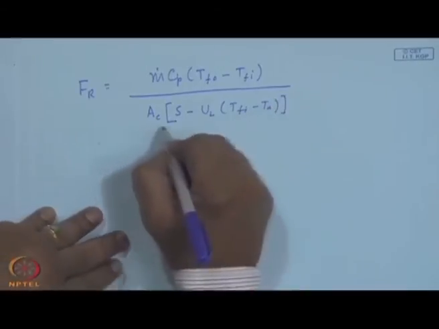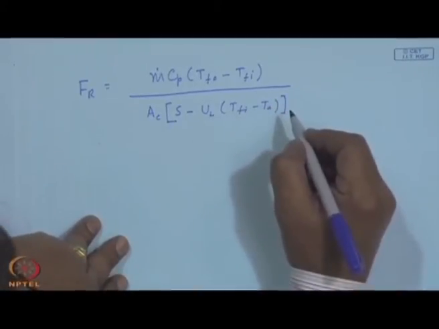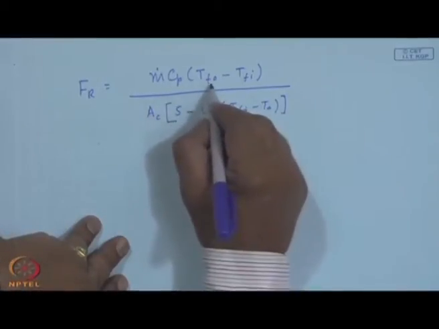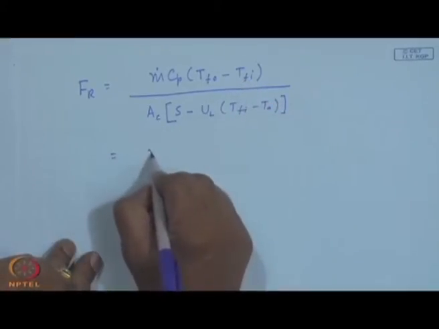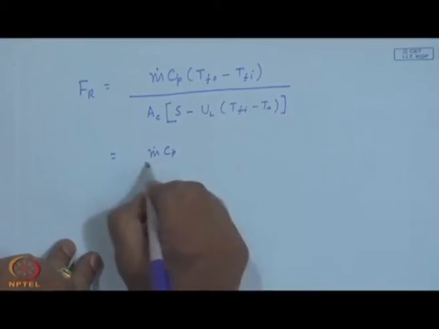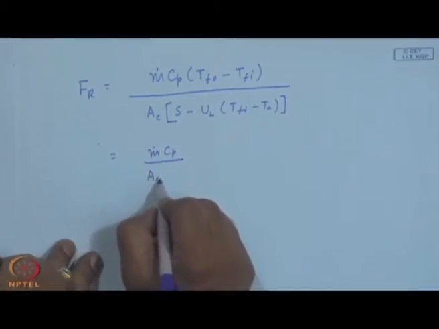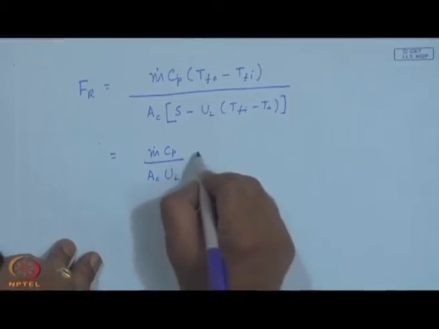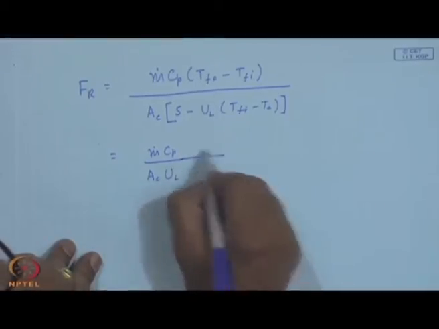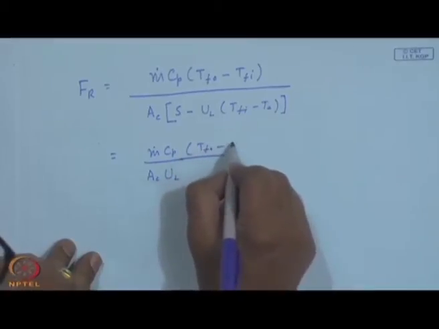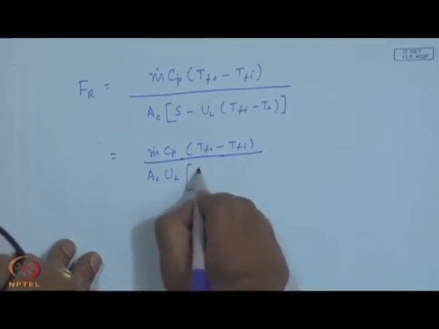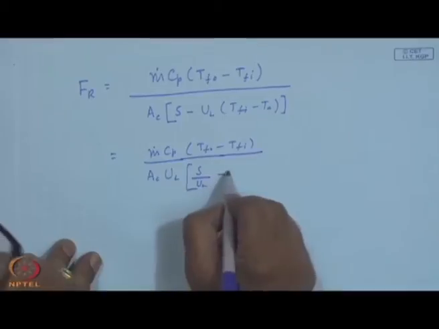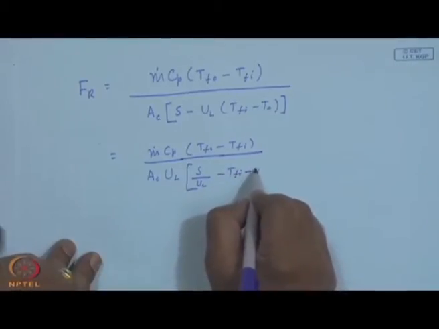In other words, this is the maximum possible energy gain by a collector compared to the actual one, m dot C p into T f o minus T f i. So, this can be rewritten as m dot C p by A c times U L, T f o minus T f i, to bring it to the standard form, S by U L minus T f i minus T a.